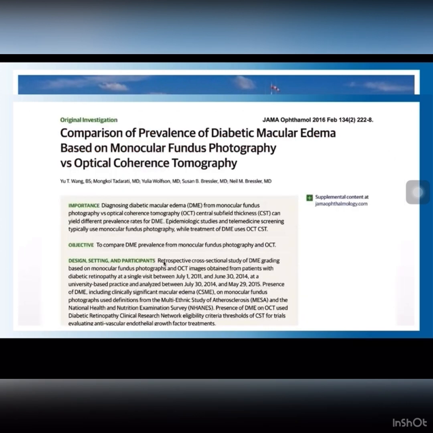There's evidence in the literature showing that the prevalence of diabetic macular edema, if we detect based on the interpretation of retinal photographs, is different from the prevalence that we detect from grading OCT images. This paper was from JAMA Ophthalmology in 2016.